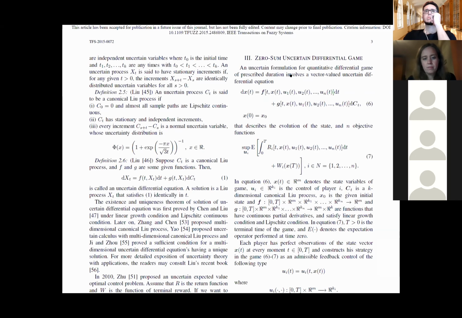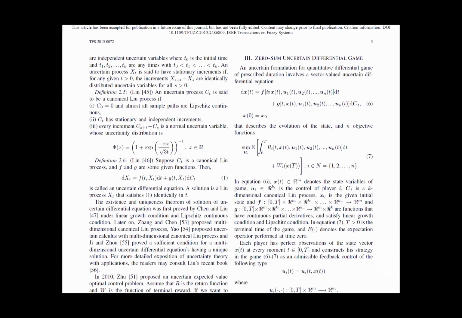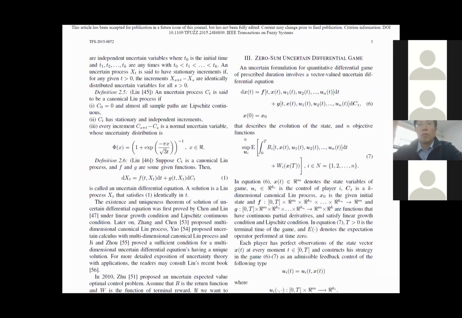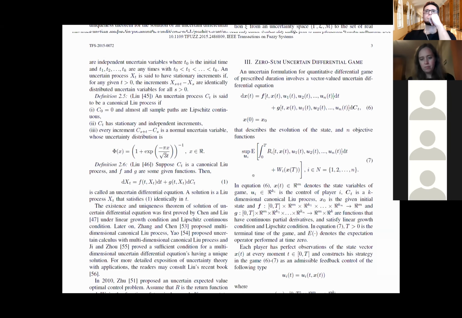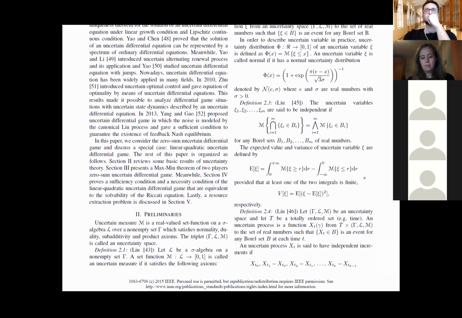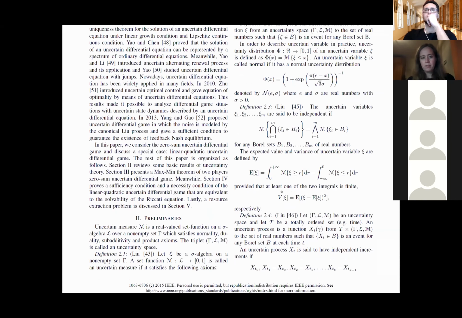The uncertain formulation for the differential game involves a vector-valued uncertain differential equation, and describes the function used in the evaluation. This evaluation is different from the probability evaluation because this is the expected value. I defined this.